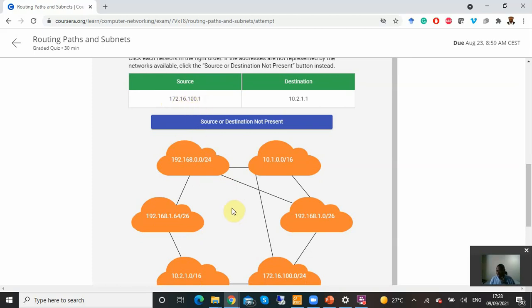Remember, for class B, the network ID will be the first 2 octets, 172.16. Network ID, they correspond.